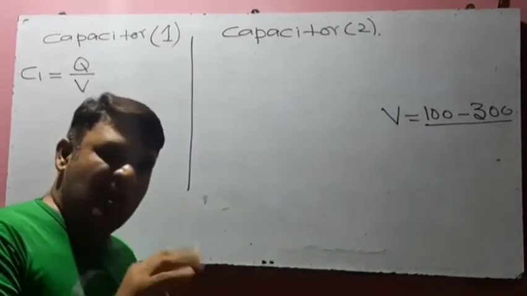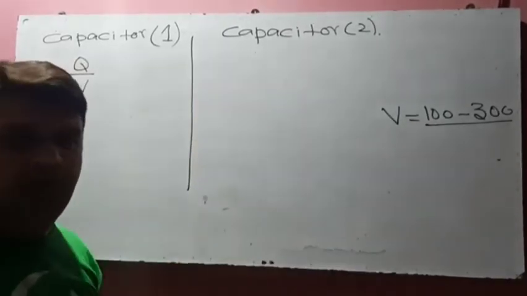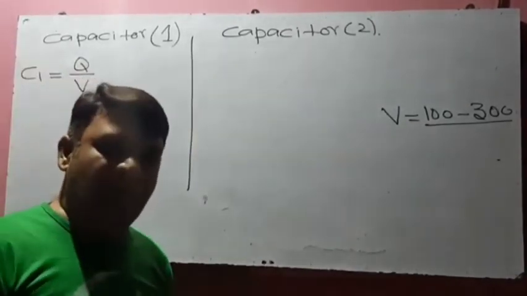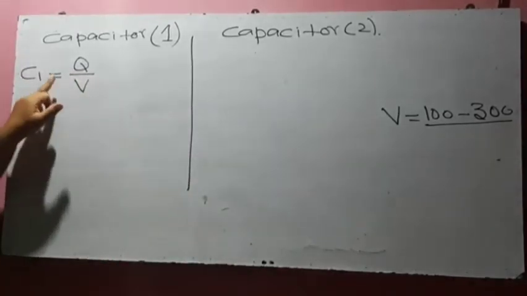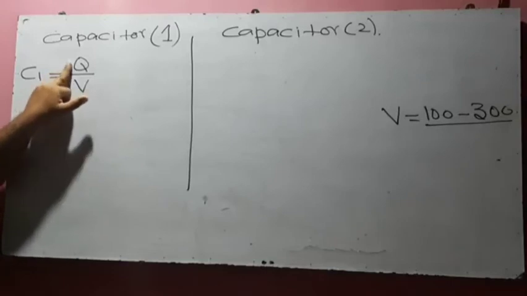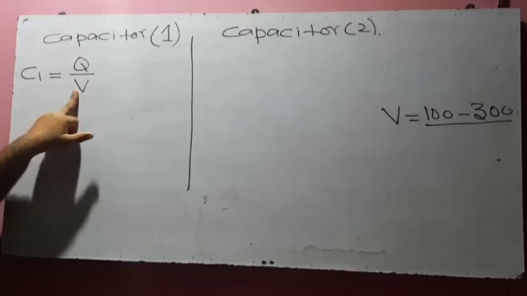Suppose we have two capacitors, capacitor number 1 and capacitor number 2. First we discuss capacitor number 1. According to the equation, C1 is equal to Q upon V, where Q is the amount of charge and V is the potential given to the capacitor.